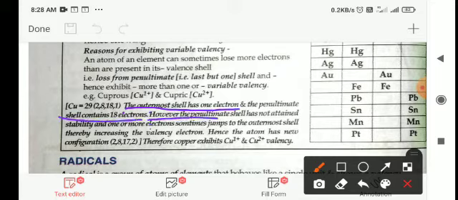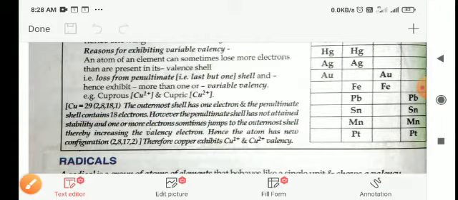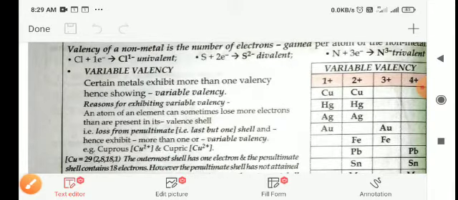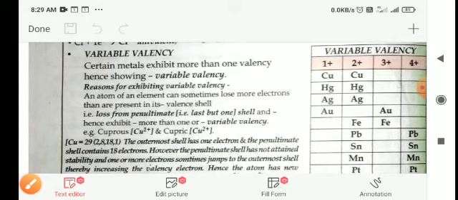However, the penultimate shell has not attained stability and one or more electrons sometimes jump to the outermost shell, thereby increasing the valency. Hence, an atom of new configuration, that is 2 8 17 2, is formed. Therefore, copper exhibits these two valencies. There are some other elements which can show variable valencies.